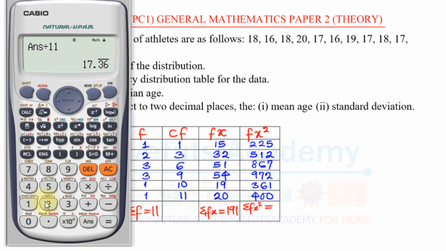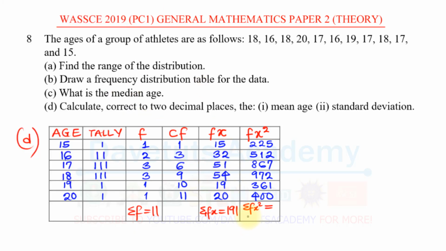Let's sum all the entries. 225 plus 512 plus 867 plus 972 plus 361 plus 400. Okay, and that is 3,337.